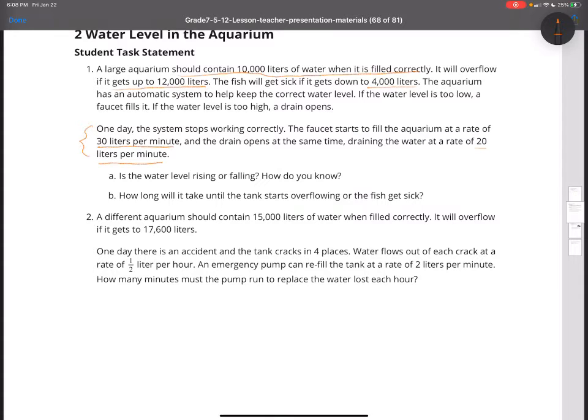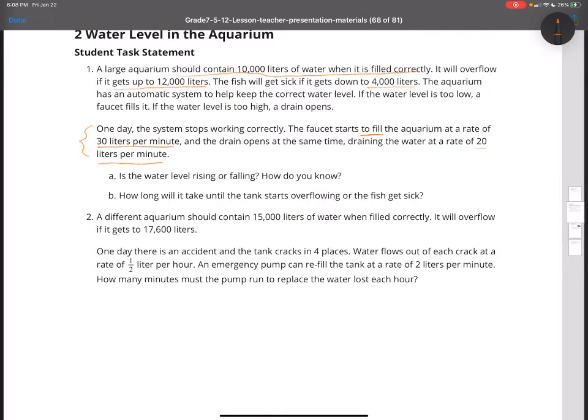All right, so we want to pay attention to these unit rates in part A. The unit rate I want to first look at is filling, when the faucet starts to fill. Now, think about it: if I'm filling something, would that be a positive integer or a negative integer?